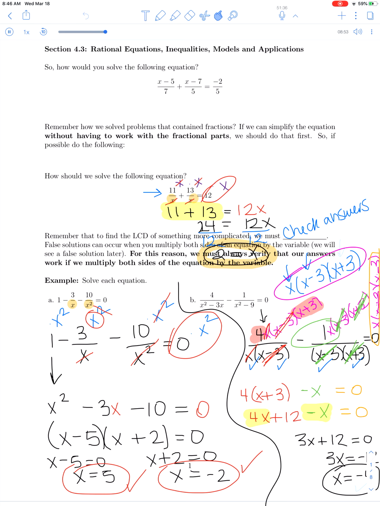What made the x minus 3 0 would be 3. And what made the x plus 3 0 would be a negative 3. As long as we're not getting 0, 3, or negative 3, we are all set, which is negative 4 is neither one of those, so we are all set.